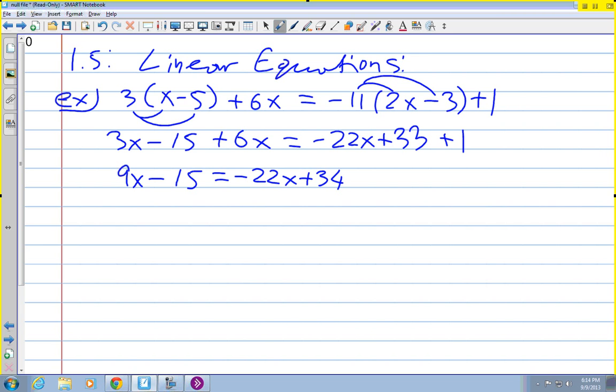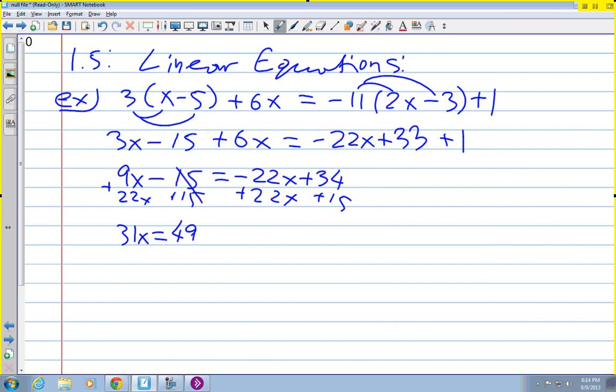Right? And then in this fashion, group stuff around, plus 22x, plus 22x, plus 15, plus 15. So we end up with 31x equals 49.